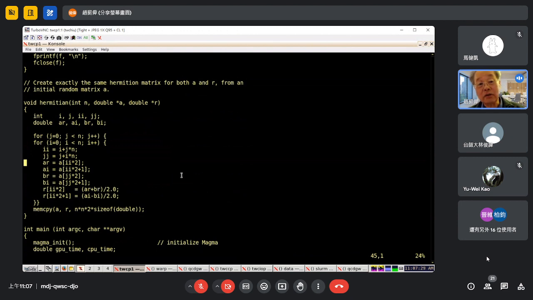That's why I say A plus A dagger divided by 2, and this is exactly this operation. Here R is the temporary space, the Hermitian matrix obtained from A, and then I copy R to A. So both A and R are Hermitian matrices.